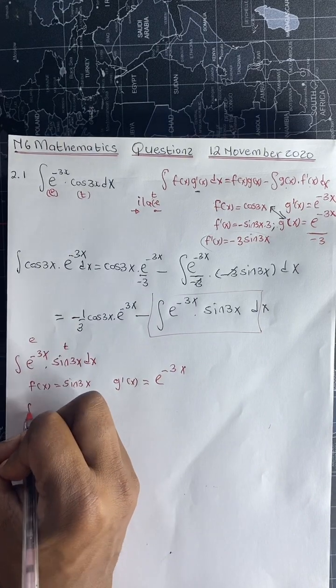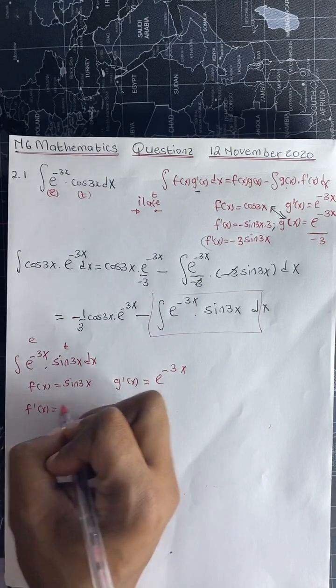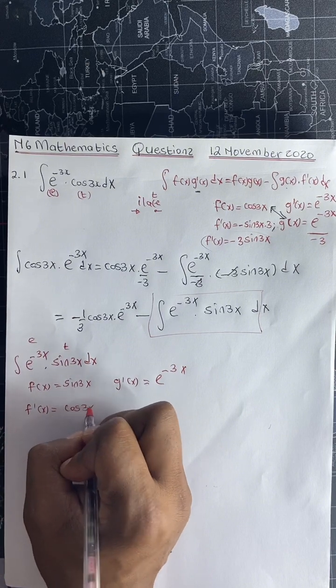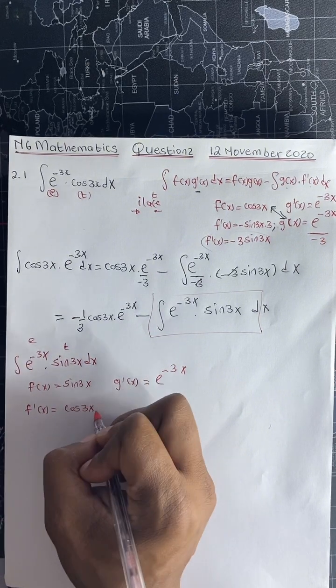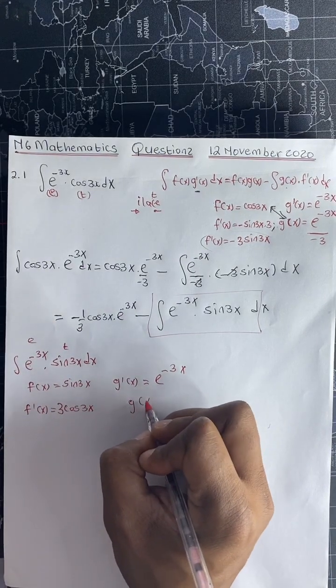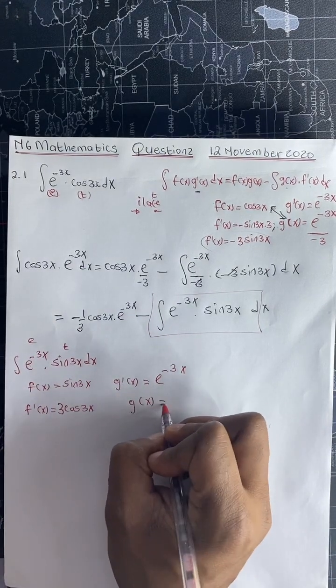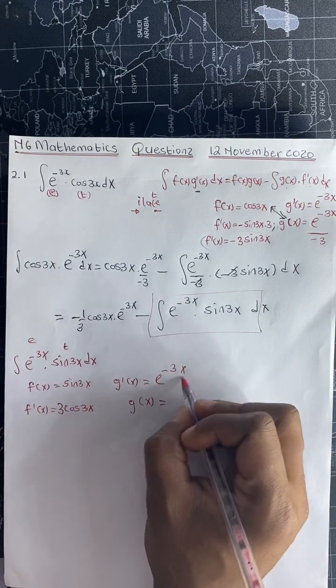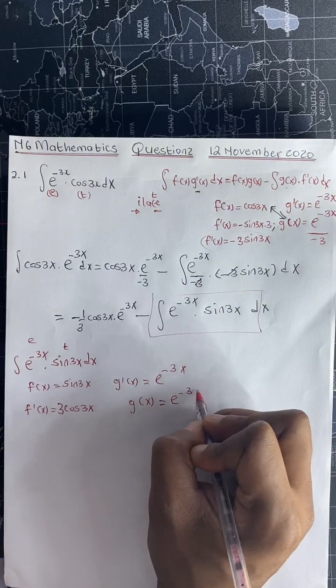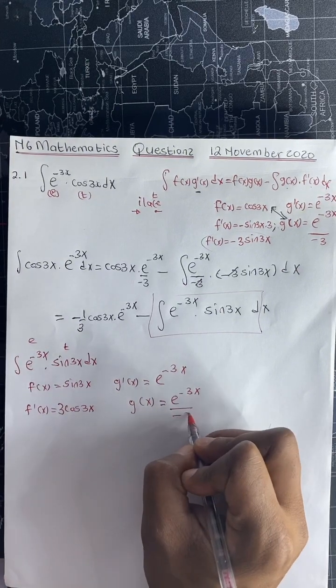We differentiate f of x with respect to x, so the derivative of sine 3x is cos 3x, and the derivative of 3x is 3, which we write there. We integrate g prime of x so that we can get g of x: the integral of e to the power negative 3x will be e to the power negative 3x divided by negative 3.